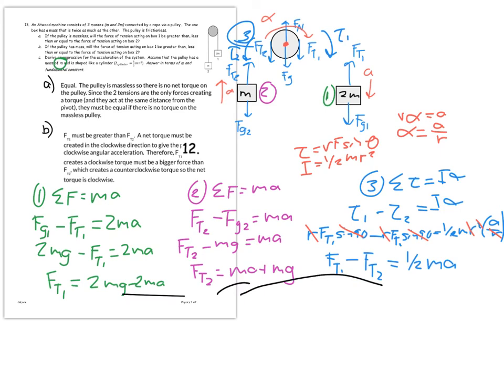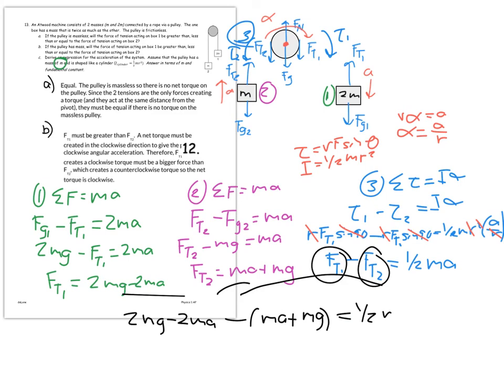So bringing all those equations together, I get 2mg minus 2ma, that was just Ft1, minus the quantity ma plus mg, which is just Ft2, equals 1/2 ma. Distributing that negative sign, I get 2mg minus 2ma minus ma minus mg equals 1/2 ma.